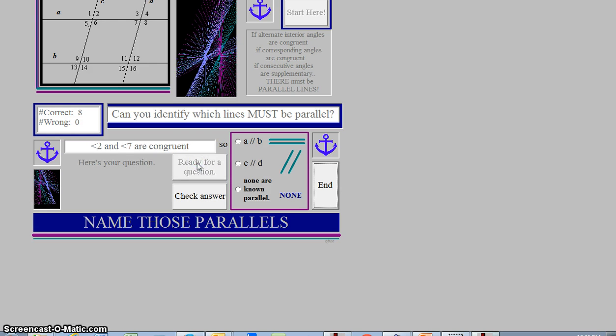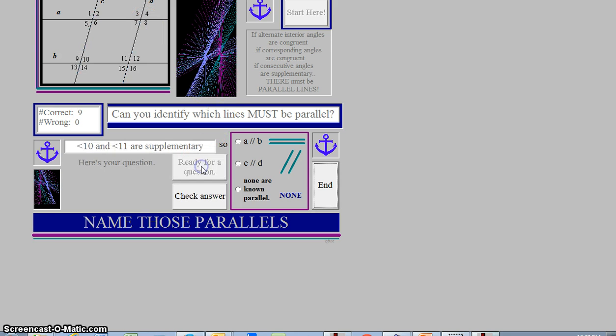I'm ready for a question. 2 and 7 are congruent. That only happens when 5 corresponds to 7 because 2 and 5 are a congruent vertical pair, and 5 and 7 are only congruent when these two lines, C and D, are parallel. So you have to develop an ability to look at the pairs of parallel lines separately as separate pairs from the other intersecting lines, and an ability to look at these angles individually and as groups that can translate together.